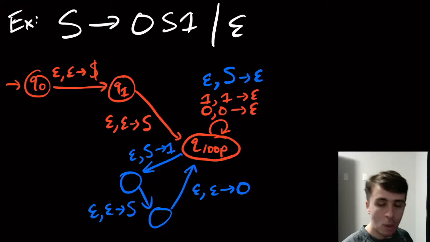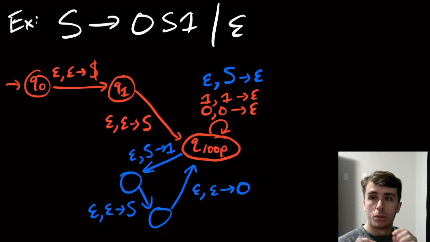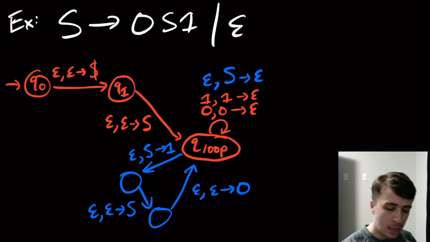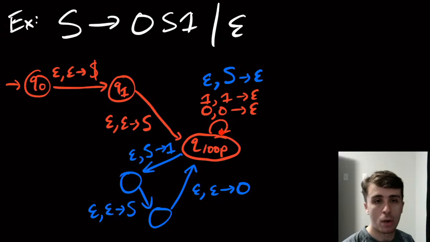And then once everything matches, there shouldn't really be anything on the stack other than that special symbol. Why? If everything matched up perfectly, then if there was a variable, we must apply one of these two sets of transitions. Or if it's a terminal on top, then we apply one of these two.